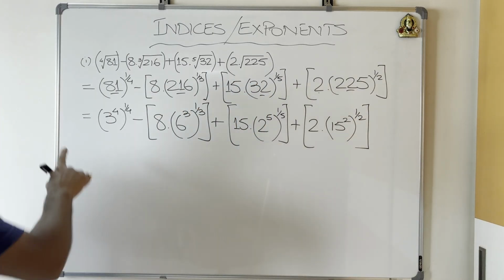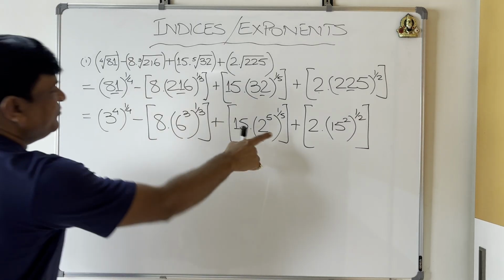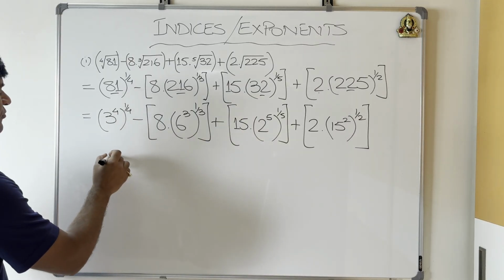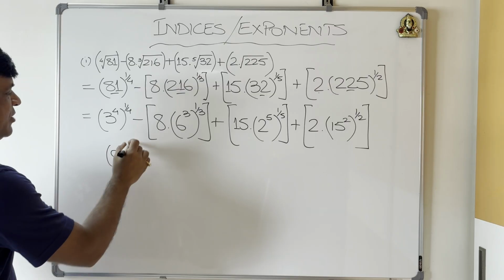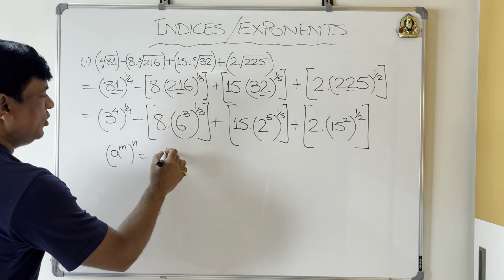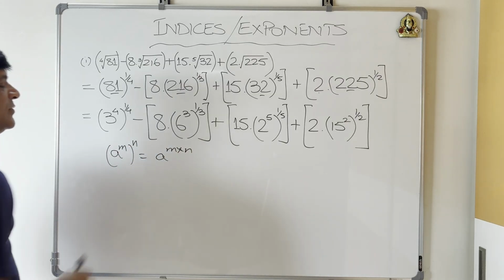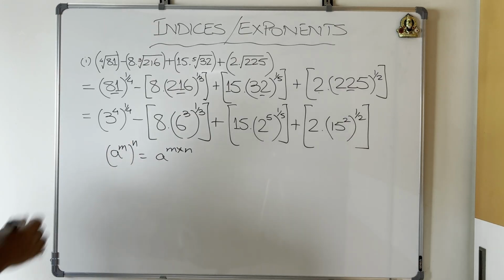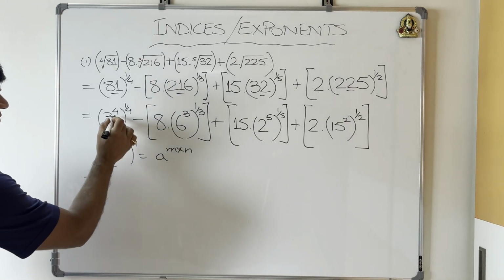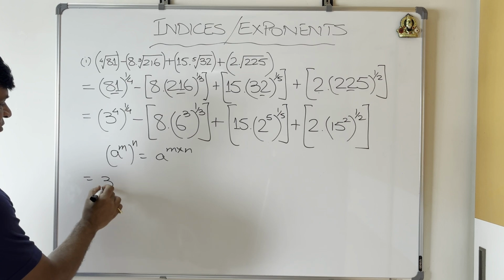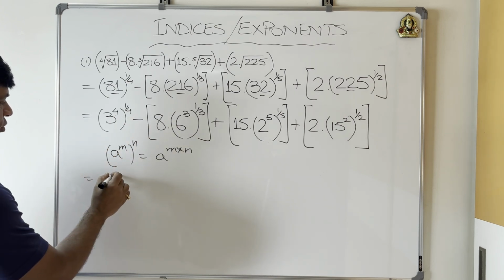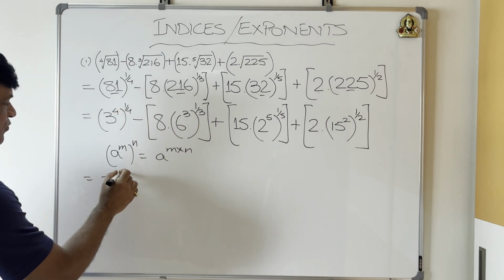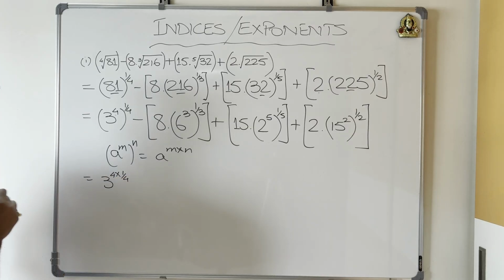Sorted? Now if you look at all the expressions, what do you have? You have this rule. Can you apply this rule in all the cases? Look at it here. What is the power inside? Your base is 3, your n is 4, into 1 by 4. I did that.